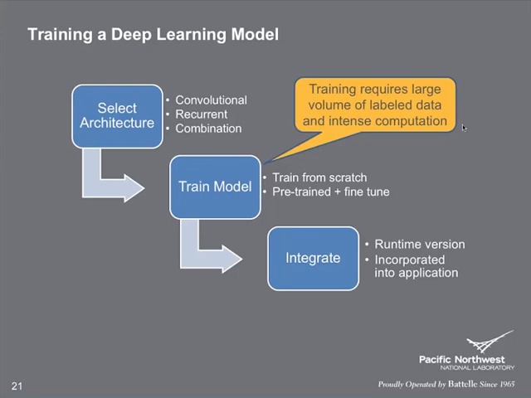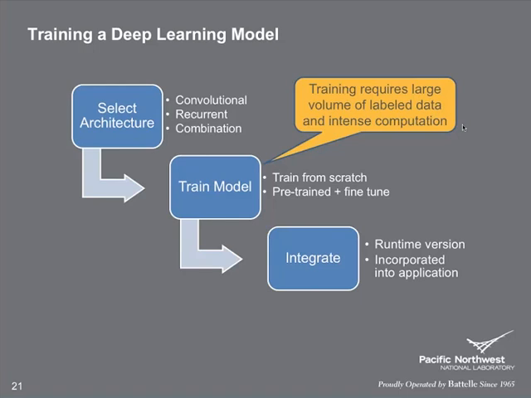Once you've selected your architecture, then you need to train the model to perform the task that you're interested in. In our case, detect, and possibly track, fish or other animals in underwater video. At this stage, you can either train from scratch and start with a blank slate, or there are now many pre-trained models, trained on some of these public data sets, that you can start with and then do what's called fine-tuning to make it recognize the types of targets you're interested in.